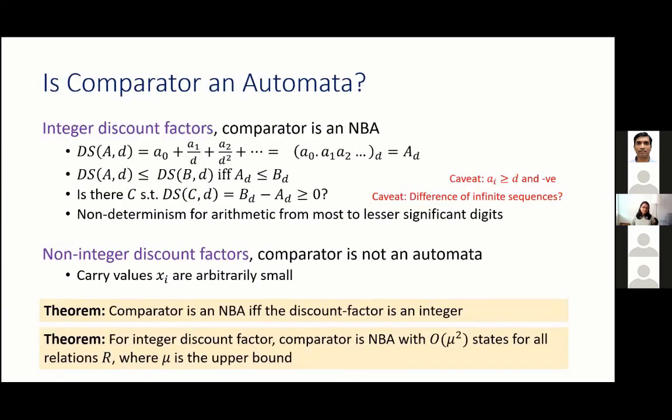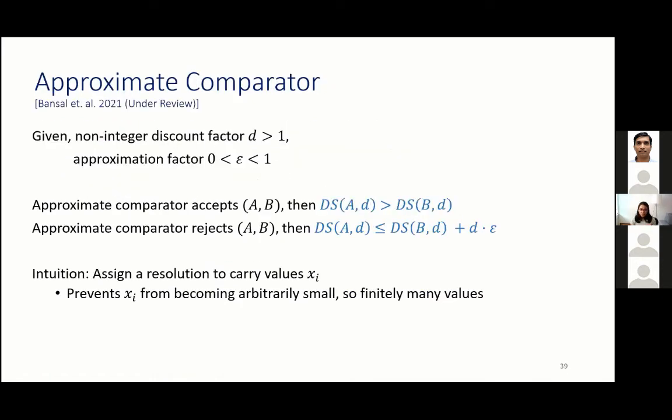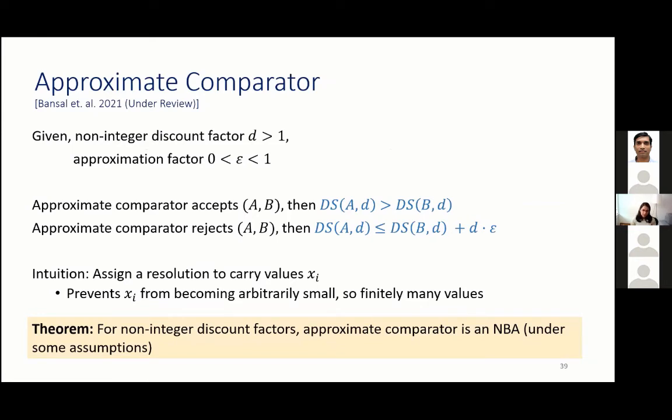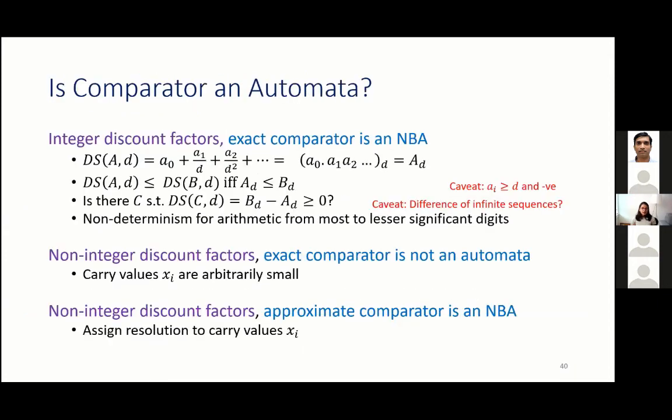So the problem was that the xi's can become arbitrarily small for non-integer discount factors. What we propose is that if we allow approximation, some degree of error, then we can construct approximate comparators for non-integer discount factors, which are also non-deterministic Büchi automata.